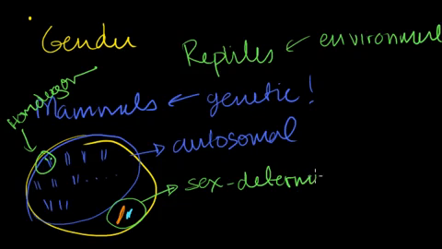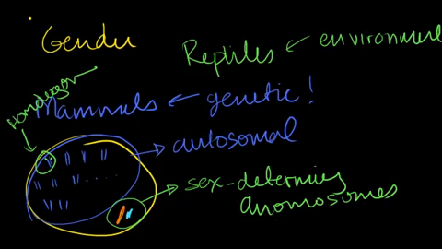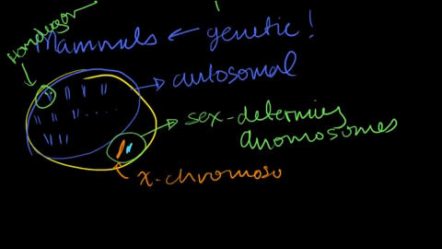And the long one right here, the convention is to call that the X chromosome. Let me scroll down a little bit. And the blue one right there, we call the Y chromosome.